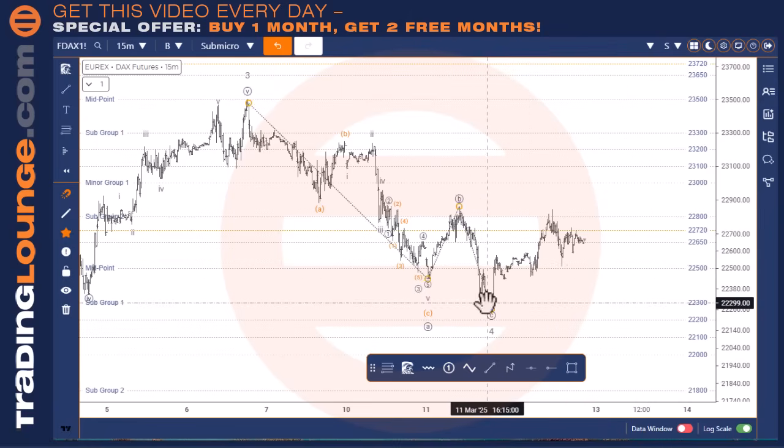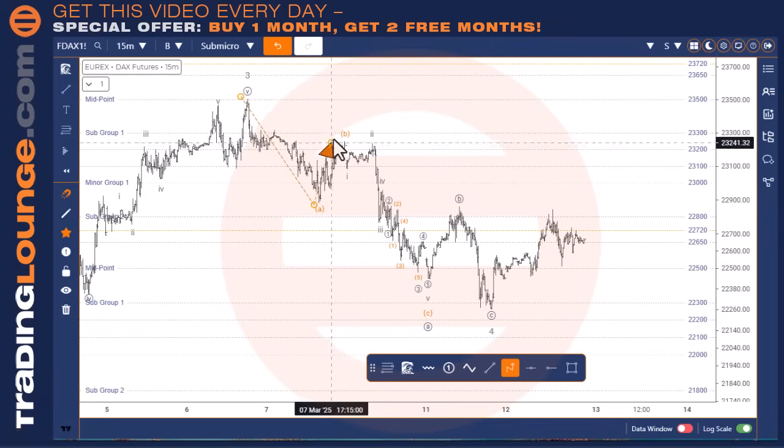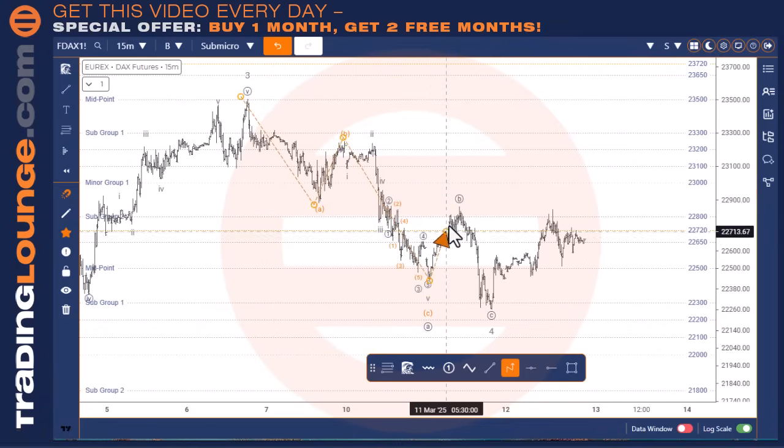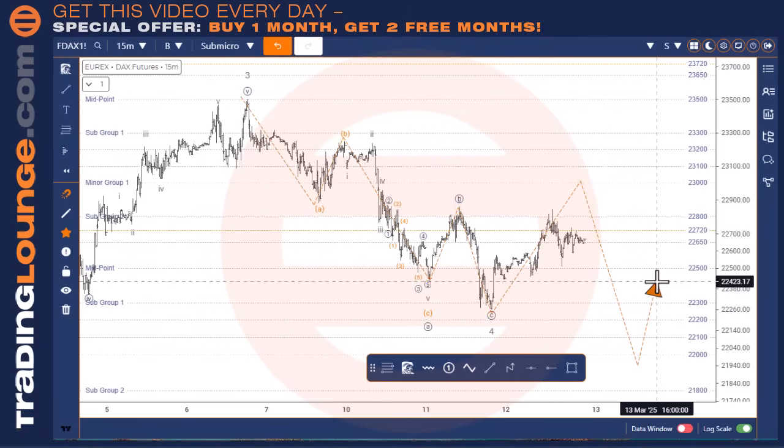Because the other side to this is, realistically, we could also look at this as wave 1 and 2, and 3, and 4, and 5, and then having some sort of ABC pattern up here and coming down like I mentioned before.